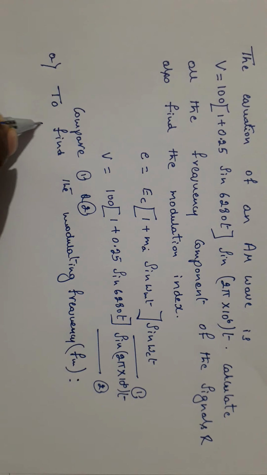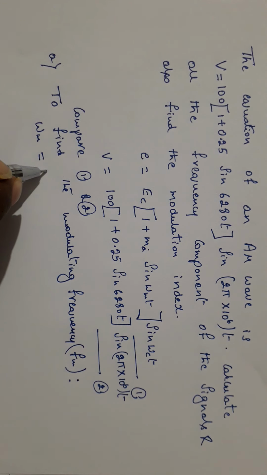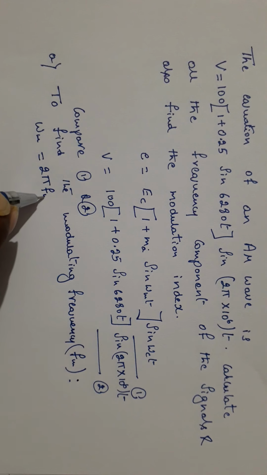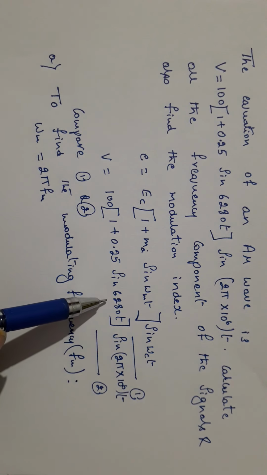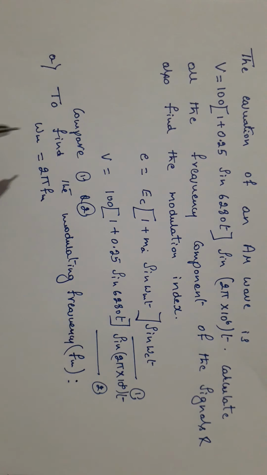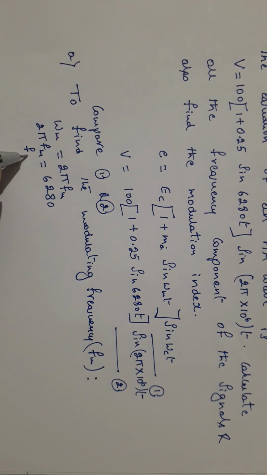Therefore, omega m equals 2 pi Fm. That means omega m equals 6280. Therefore, 2 pi Fm equals 6280. Therefore, Fm equals 1 kilohertz.